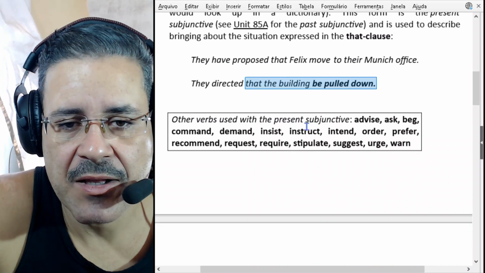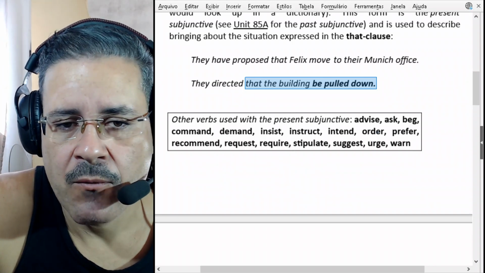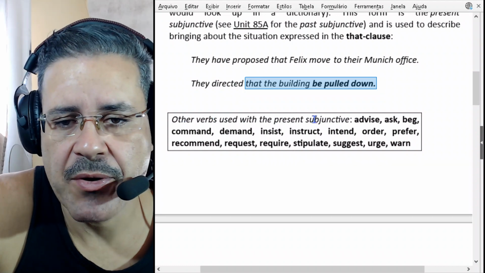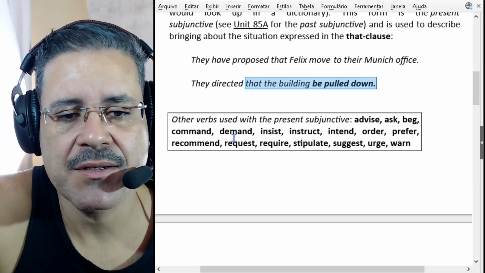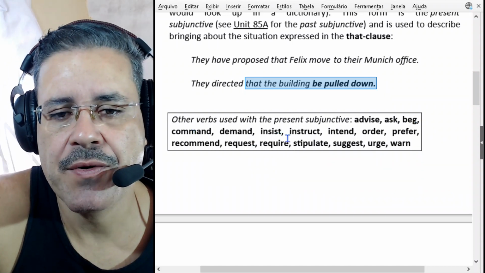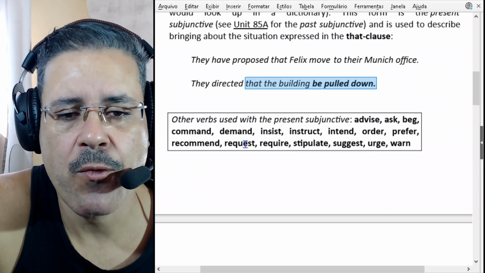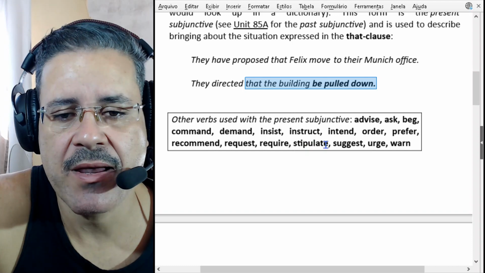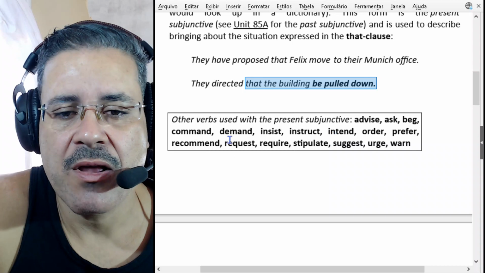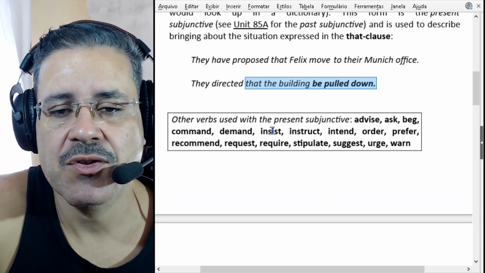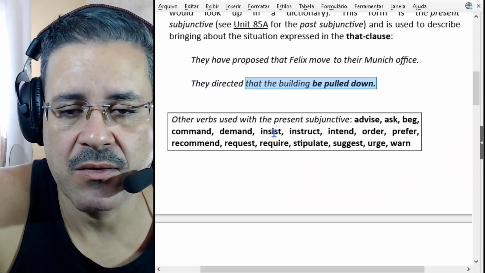We can use that pattern with the following verbs, with other verbs used with the present subjunctive: advise, ask, beg, command, demand, insist, instruct, intend, order, prefer, recommend, request, require, stipulate, suggest, urge, and warn. Remember, to learn all those verbs, it's important to put them inside a context so you can better remember them in speech.